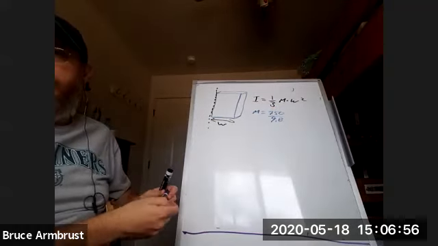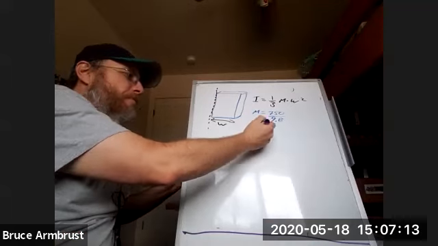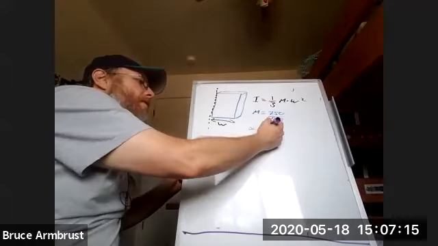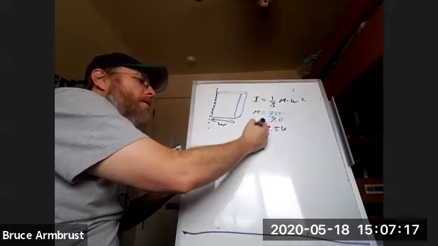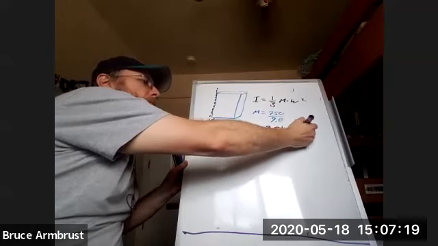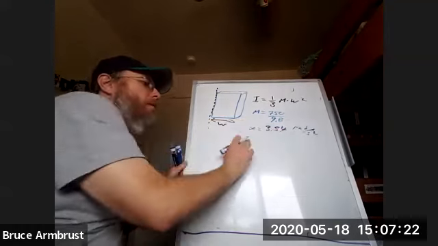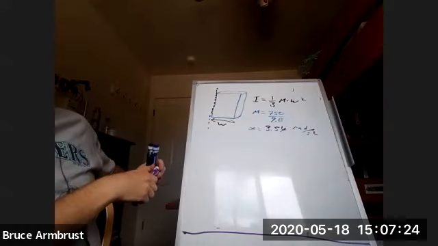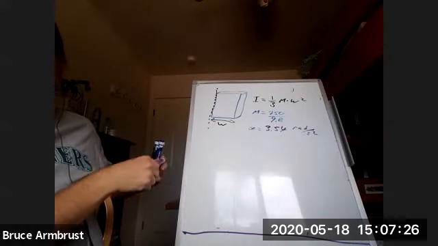But other than that, you guys did fine. You use the torque formula, figure out how much torque is going on, and then divide by your I to get your alpha. So the actual answer for this one is alpha is 3.54 radians per square second. So, all right, that was the issue with number one.